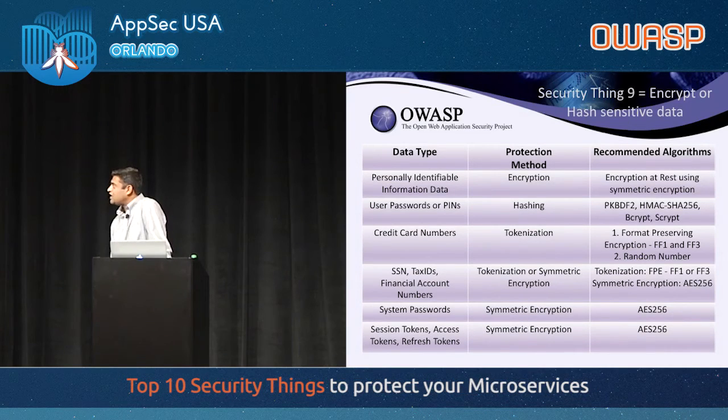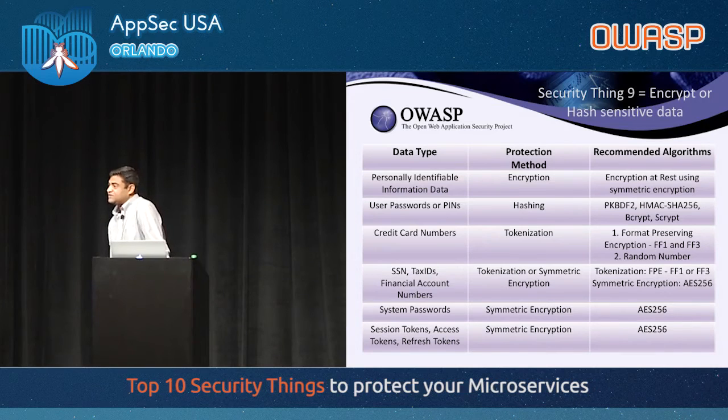So if we are storing any personally identifiable information, we need to encrypt it and store it. You can store it in the database, but you can either encrypt it at the field level, or you can encrypt the whole database.